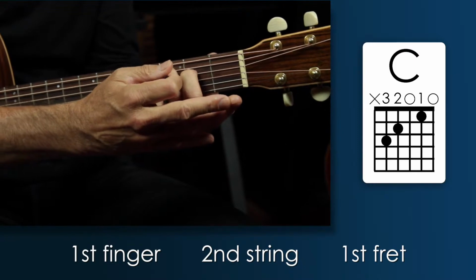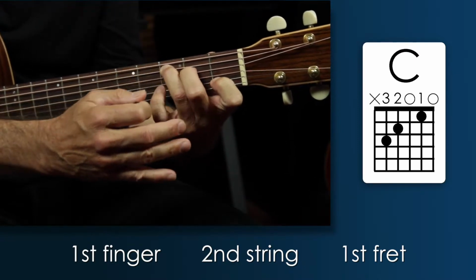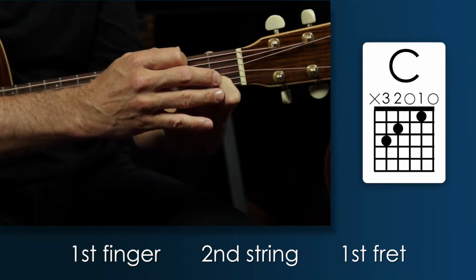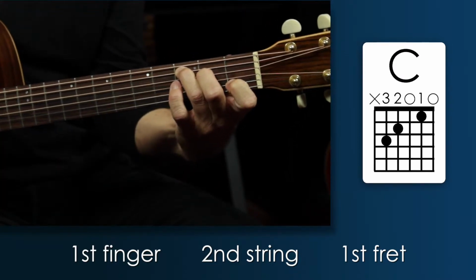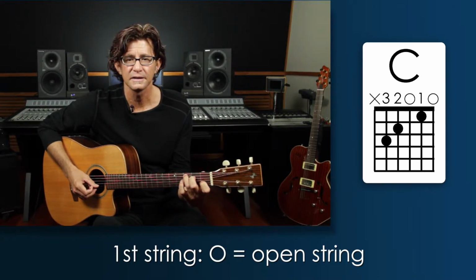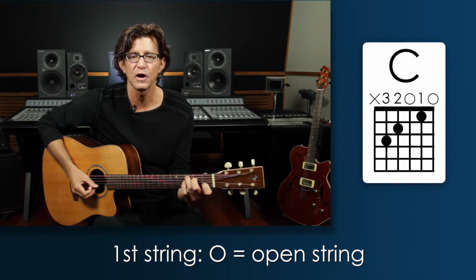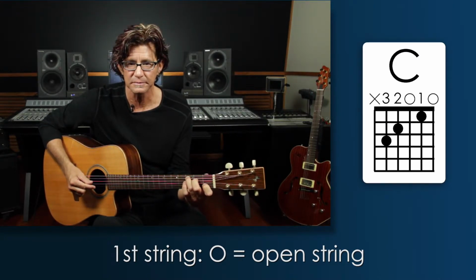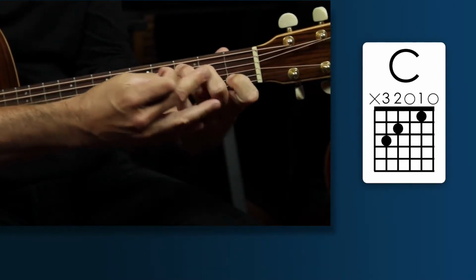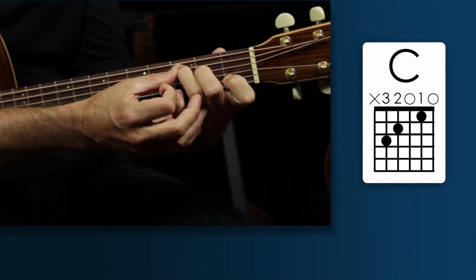We're going to take our 1st finger, we're going to put it on the 2nd string behind the 1st fret. Again, on the tip of the finger, right snug up against the fret. And then finally, we have the 1st string. It's the vertical line on the farthest right of the diagram, and that has an O above it. That means that's open. So this is now all my fingers in the position for a C major chord.